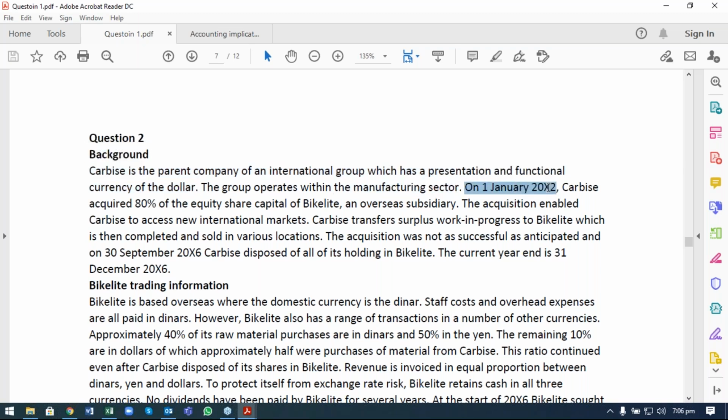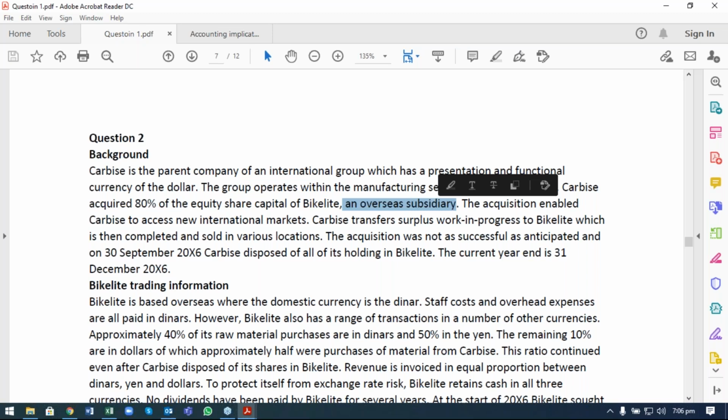On 1st of January 2002, Carbise acquired 80% of the equity share capital of Backlight, which is an overseas subsidiary.